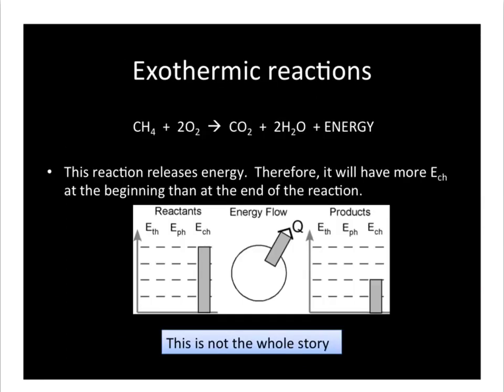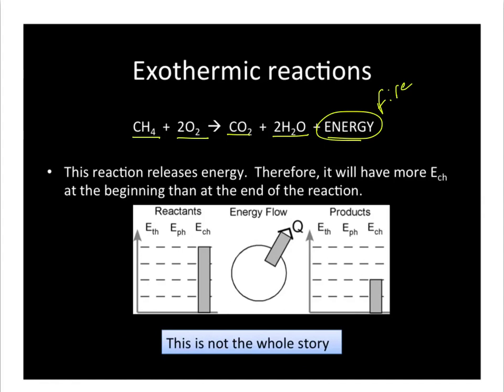Okay, here's an example. We are burning CH4, methane. So we have our methane gas and our oxygen is present. We produce CO2 and water and then energy. And this would be the fire. We get light as well as heat. So this reaction produces quite a bit of energy.